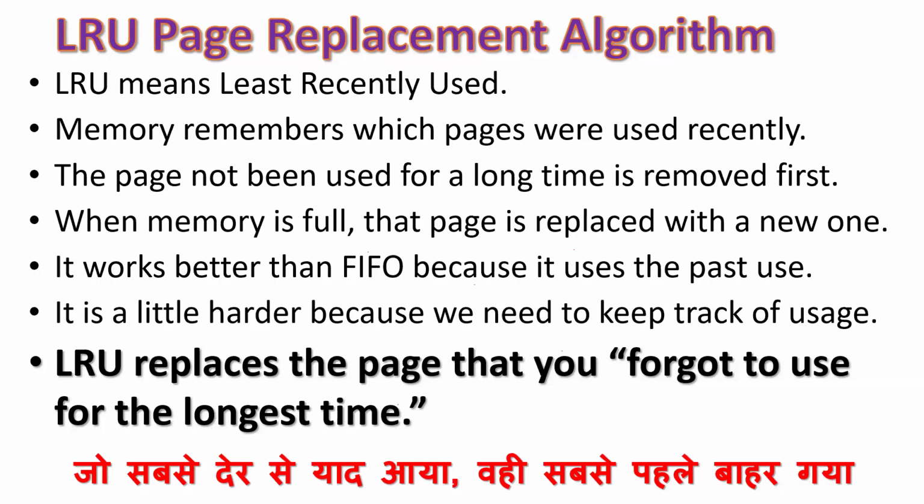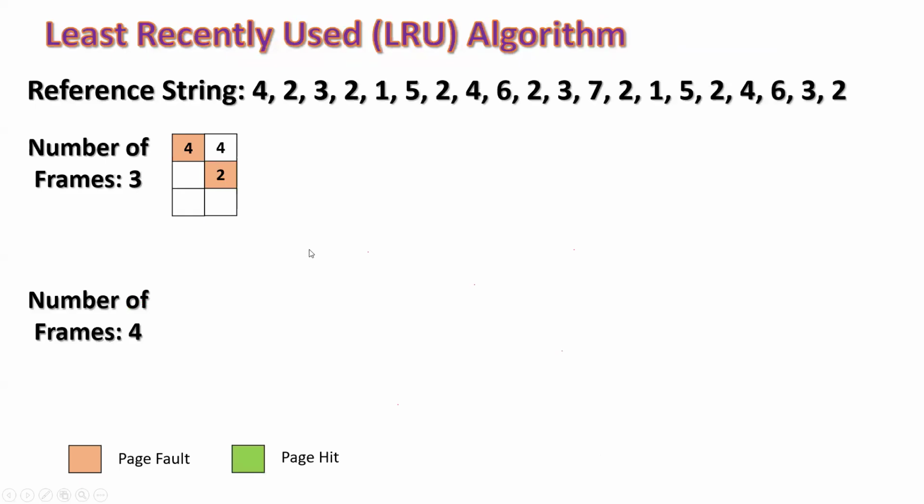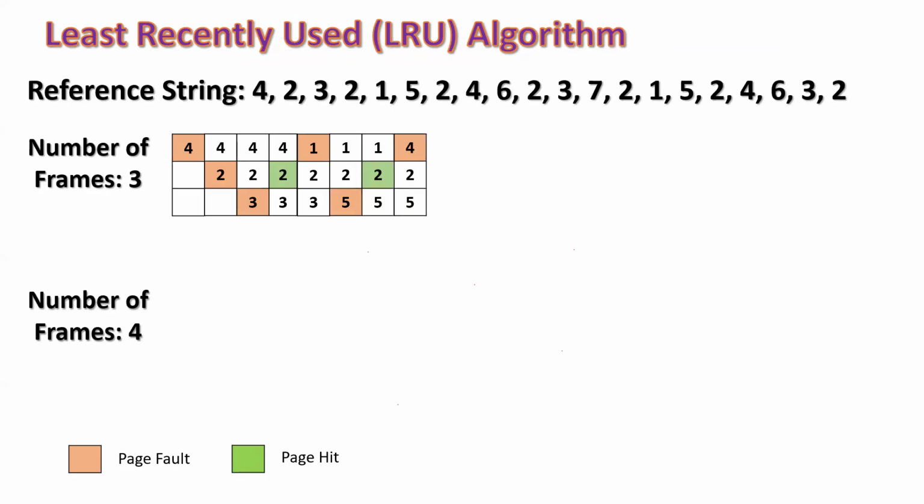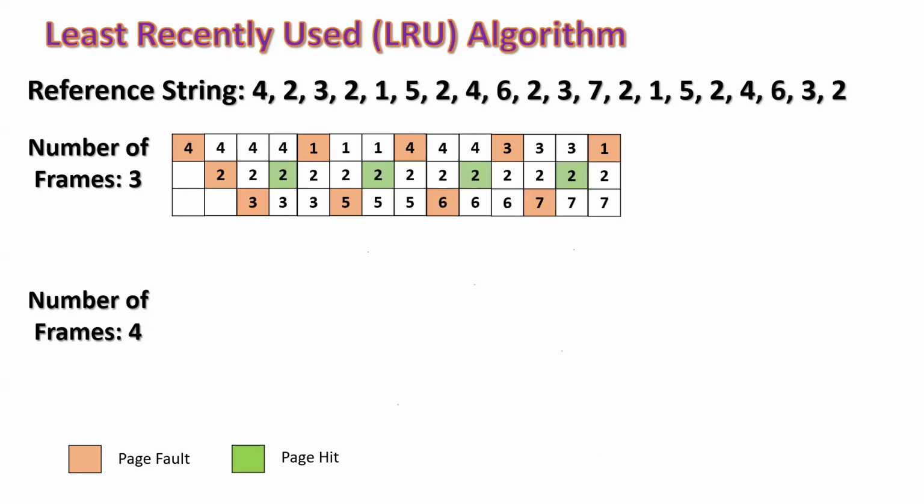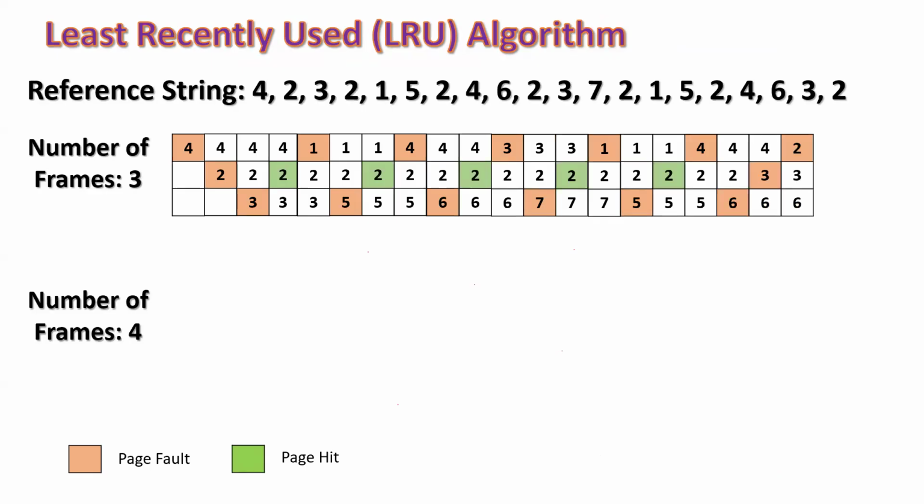Fine. So let us see through the example. Now, the same reference string, with the number of frames being 3. You can compare with the earlier results. Let us see the number of page faults.